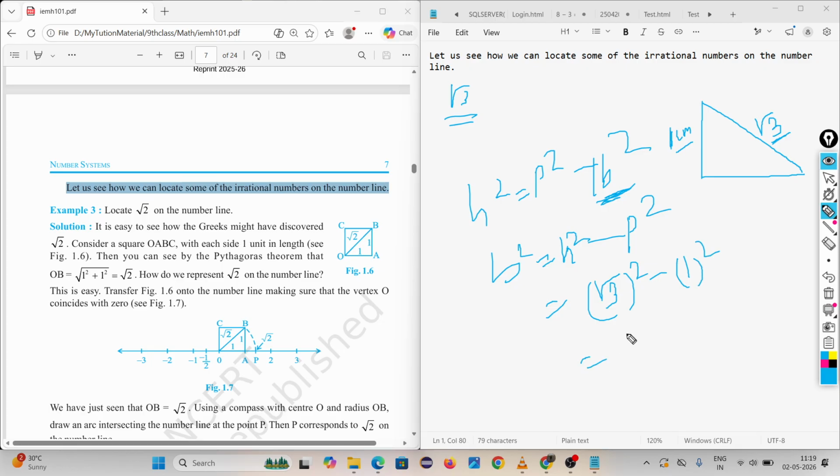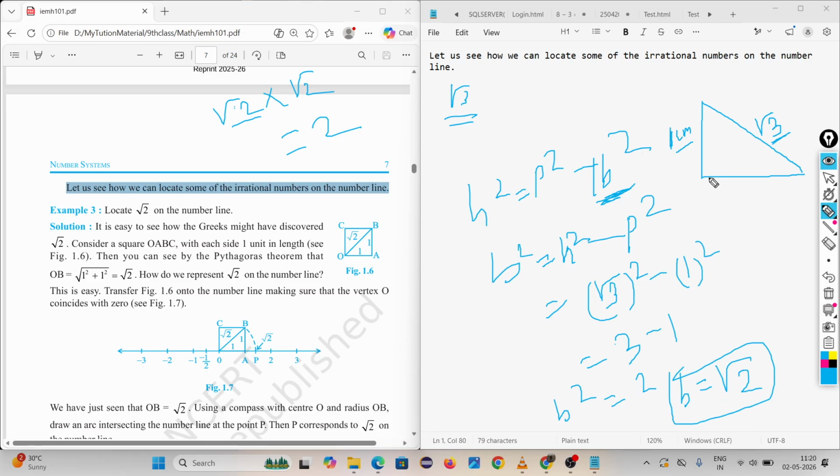Root 3 square minus 1 square. Root 3 into root 3 is 3. So 3 minus 1, b square equals 2, b equals root 2. So that means the base should be root 2.